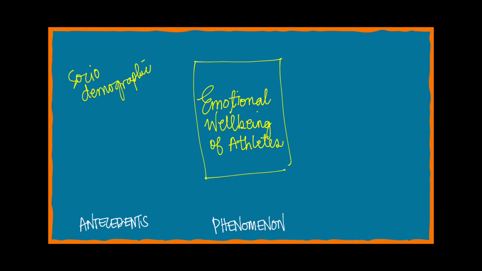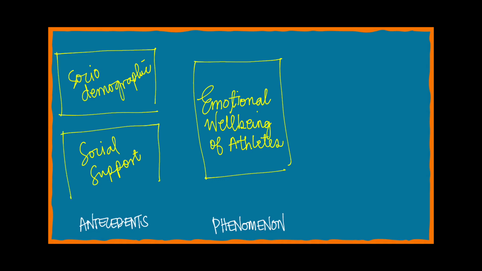And actually, in most quantitative social research, we consider these as antecedents of most of our main phenomena. And probably you have another one that you consider as an antecedent to this phenomenon, and probably that's social support. So the social support received by a person may also influence or be an antecedent or a factor to a person's emotional well-being.